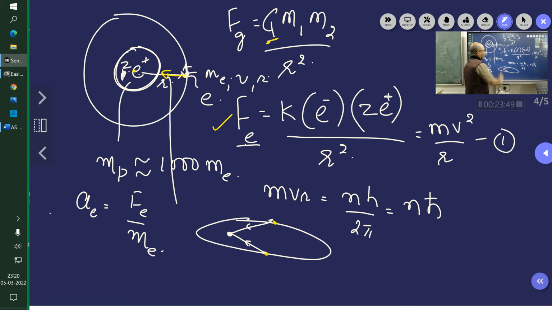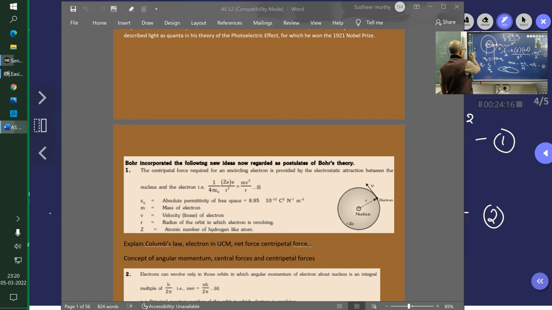We have explained the first one because there is a necessity for centripetal force, and that is given by the electrostatic force. Fine, that is accepted. But he has not given an explanation why he has used this equation, the second postulate. But nonetheless, he has used it and he has proved the existence of the atom and the stability of the atom. These are the two postulates.